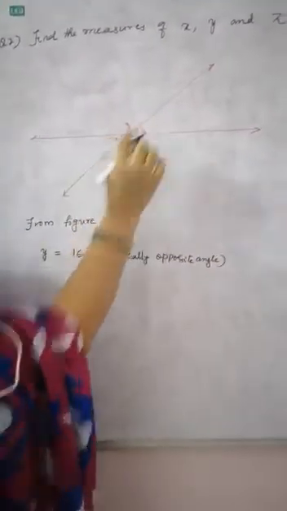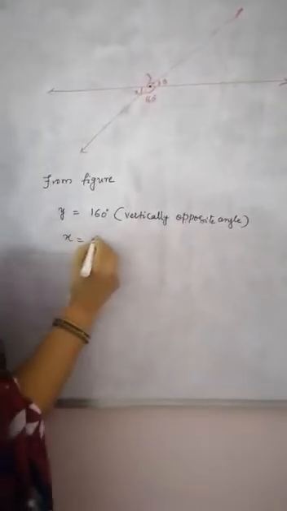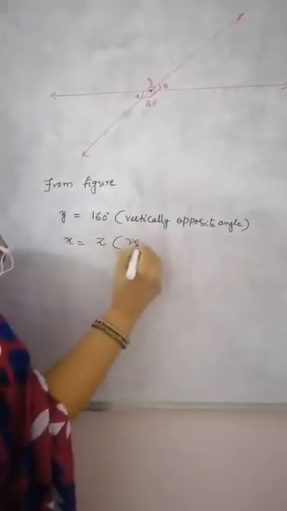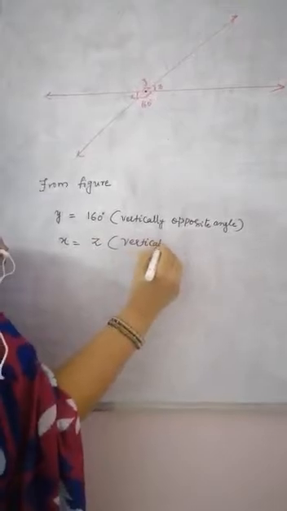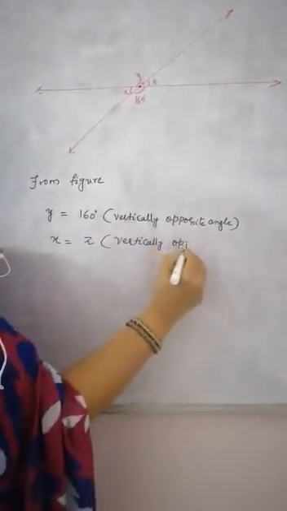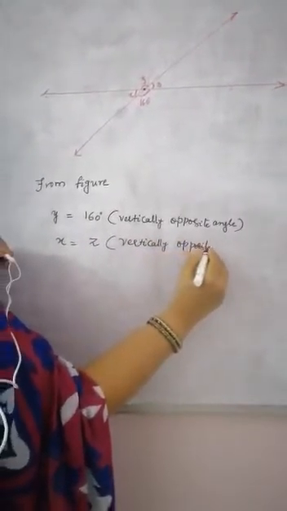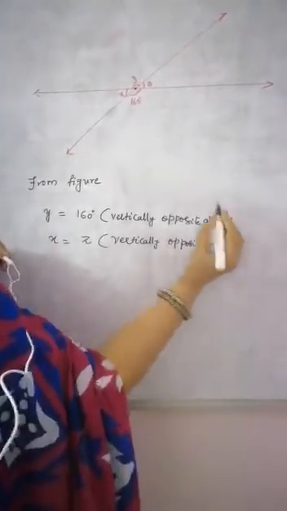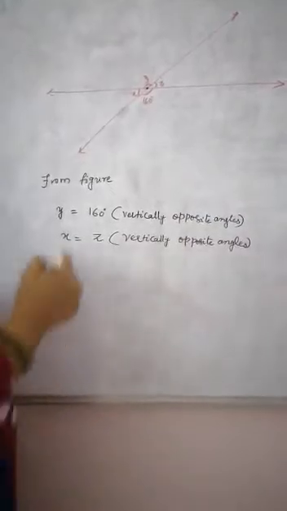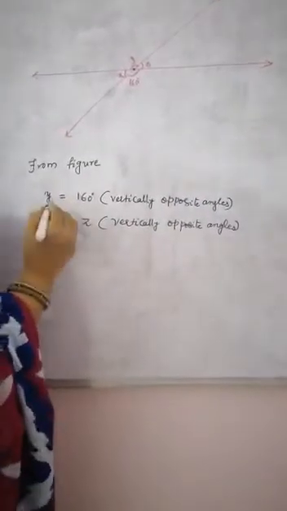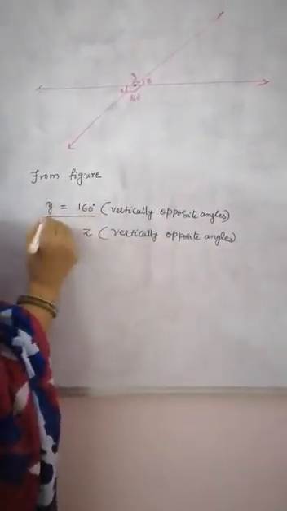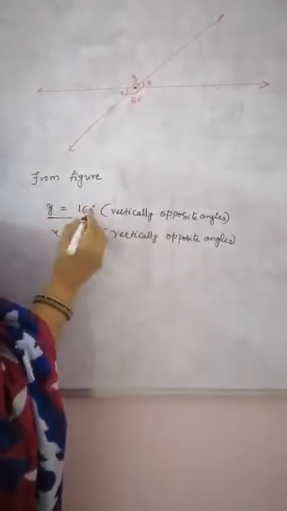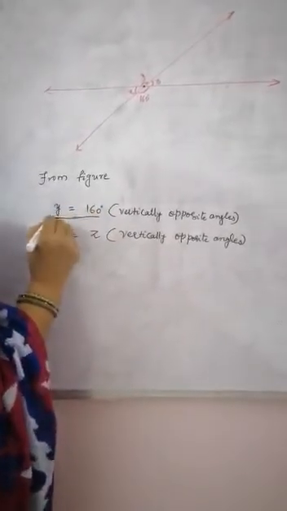X is equal to Z. They are also vertically opposite angles, you can say, isn't it? Now we got directly Y is equal to 160 degrees. This you can underline. Then from this you can find the other two angles also.